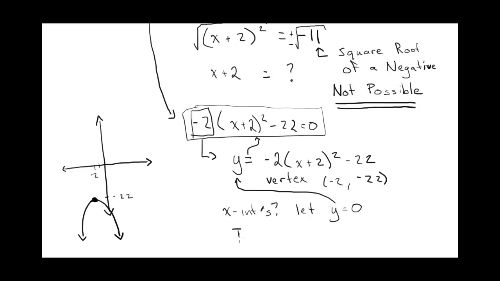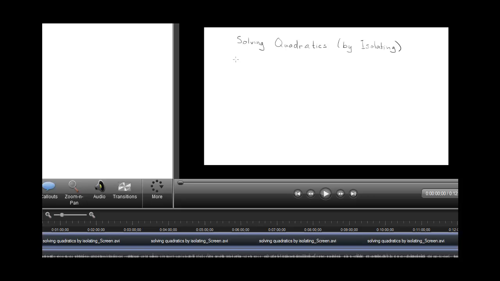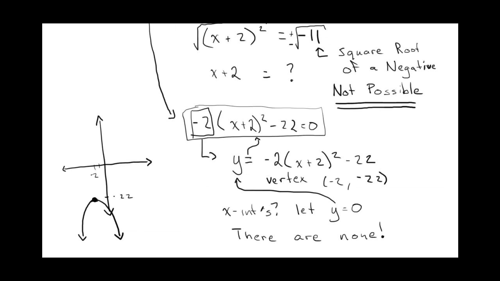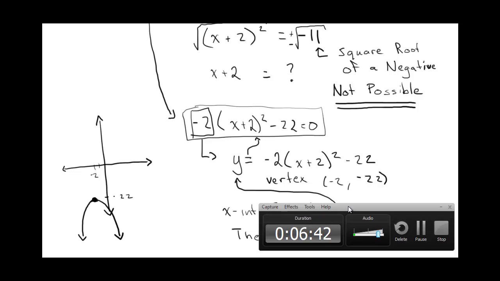There aren't any x-intercepts. There are none. So visually it makes sense that you can't solve this equation because there are no x-intercepts. It never crosses the x-axis. So that's sort of a visual representation of why you can't solve this equation.